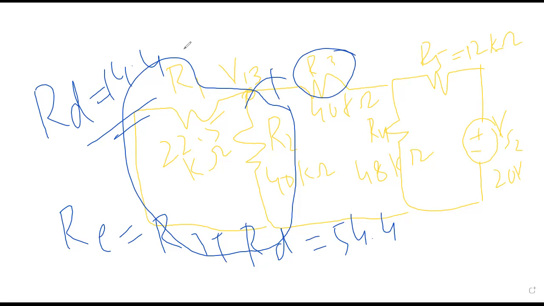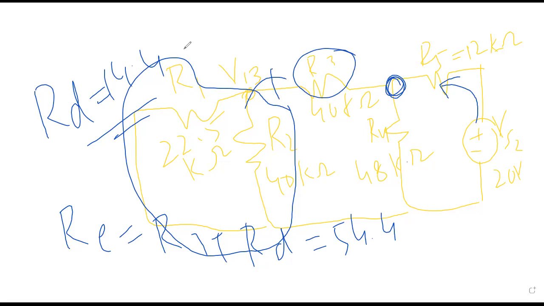Now there is a potential divider: the source will go here, and from here there are two ways that it splits, into RE and R4.